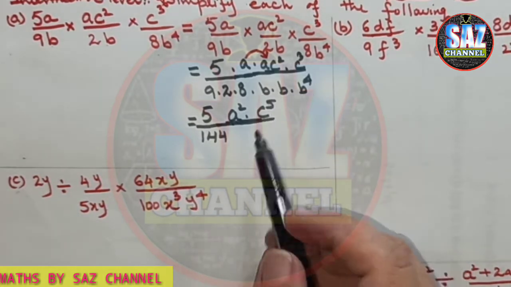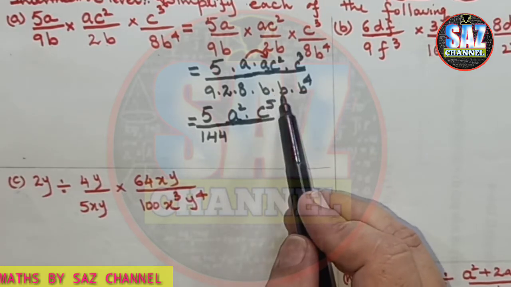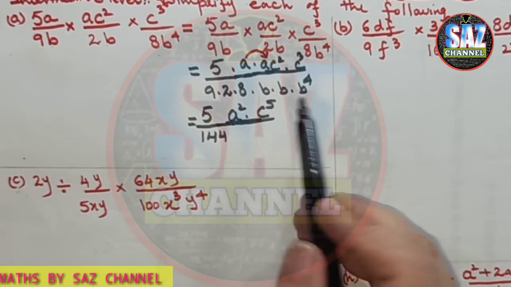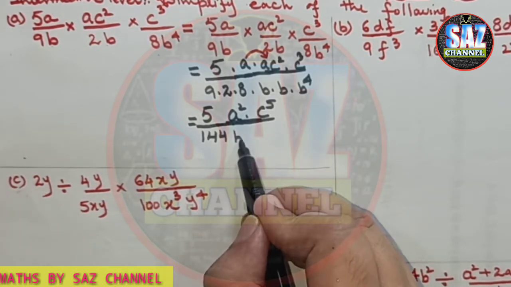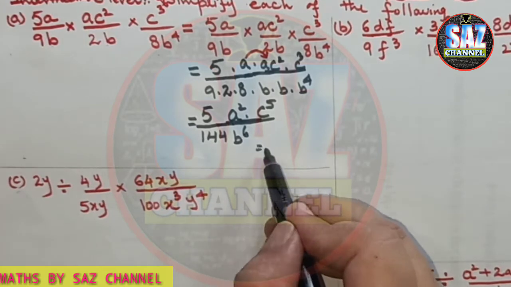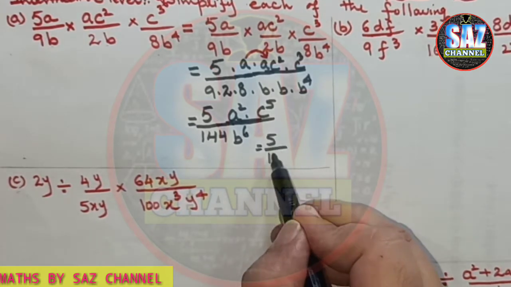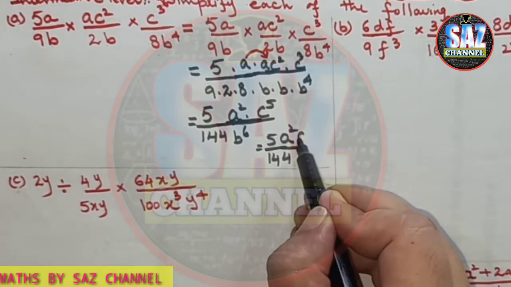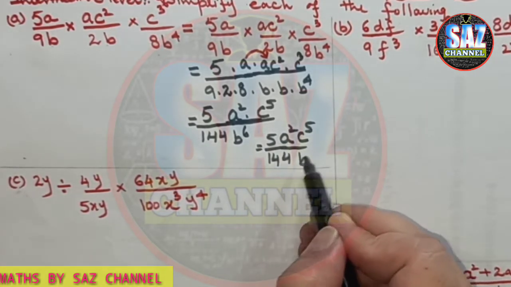In the denominator, b multiplied by b^4 becomes b^(4+1), b^5... so the final answer will be 5 upon 144, a square c^5 upon b^6.